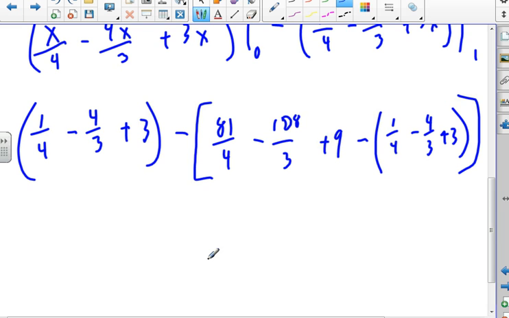It's got to be a mode thing. Normal, engineering, floating point, real. 1/4 minus 4/3 plus 3.